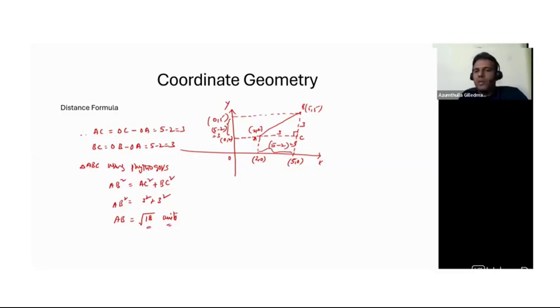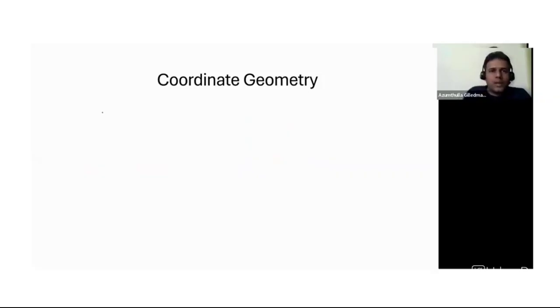What is the generic formula? Let's say the point A is x1 comma y1 and point B is x2 comma y2. Then how do we find the distance between 2 points? Let's see that here. In the earlier case, we found the distance between 2 points when the coordinates were known, 2 comma 2 and 5 comma 5.